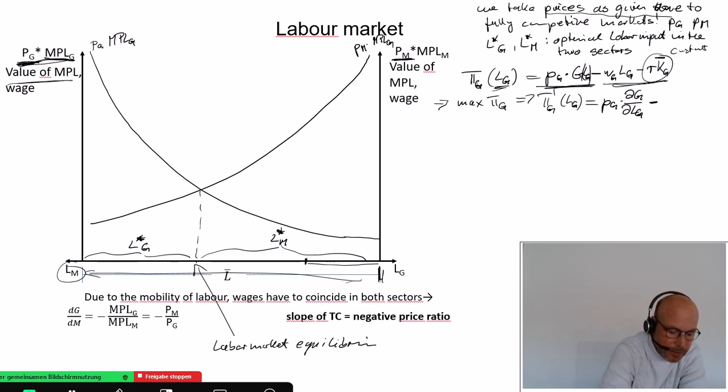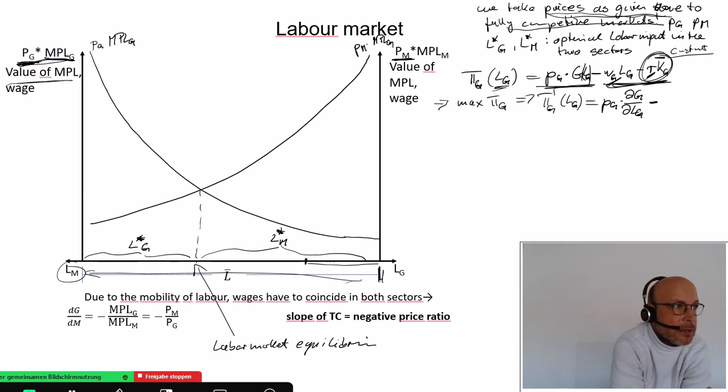Minus what is the first derivative of the costs. Again, fully competitive markets, prices are given, so we have to take wages and interest rates as given. Since this is all given, this is a constant.